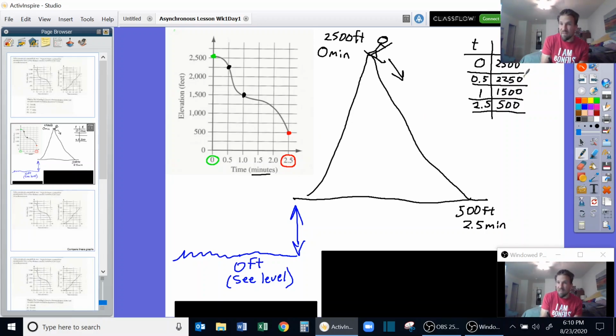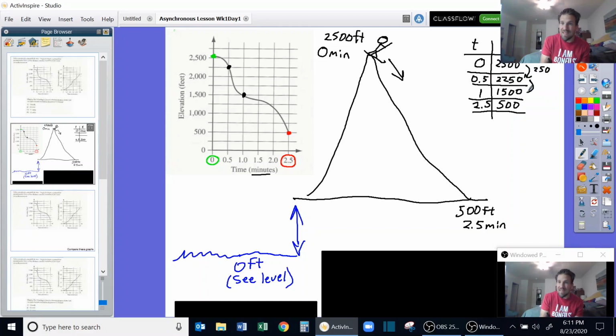In this first half a minute, from the beginning to that half a minute mark, she's only dropped 250 feet. So here, she's dropped in the first half a minute 250 feet. I can see that if I subtract these numbers.